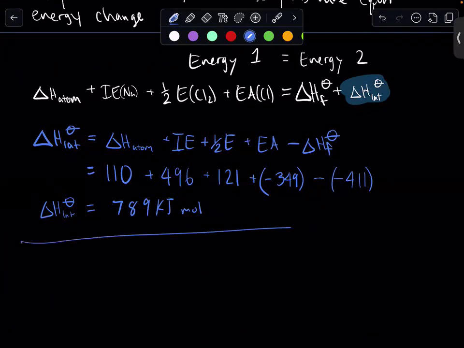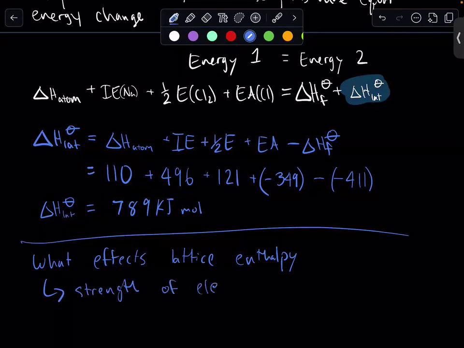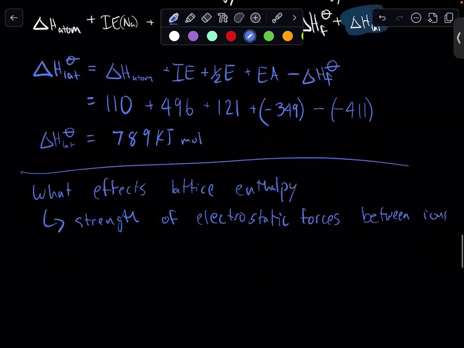All right, so the last thing before we end this off is what affects lattice enthalpy? Remembering that lattice enthalpy is basically the strength of electrostatic forces between ions. And if it's a strength of electrostatic forces between ions, we know the answer to this. It's two things. One, the size of ions.